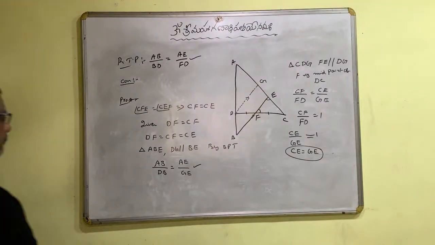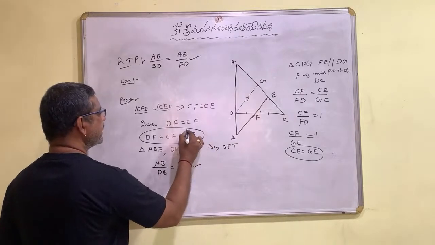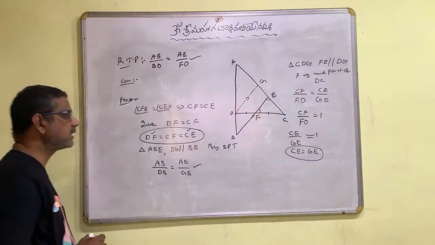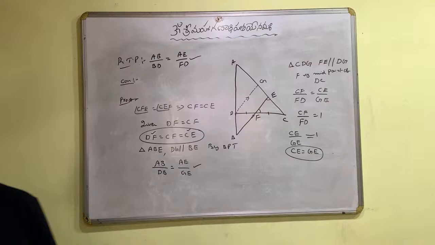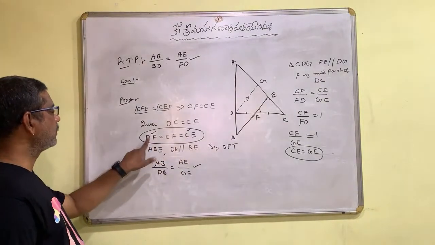Okay. But from this, CE and DF are equal. Is that right? From this, CE is equal to DF.